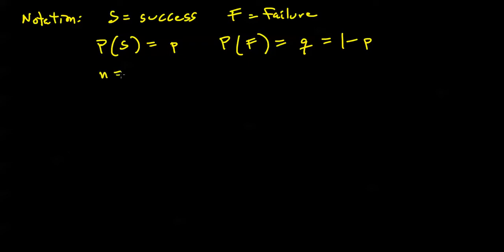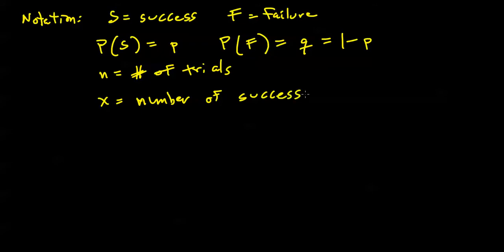We're going to let lowercase n equal the number of trials in our binomial experiments, and x will be the number of successes that we seek in those trials. So let x equal the number of successes in n trials which we seek.